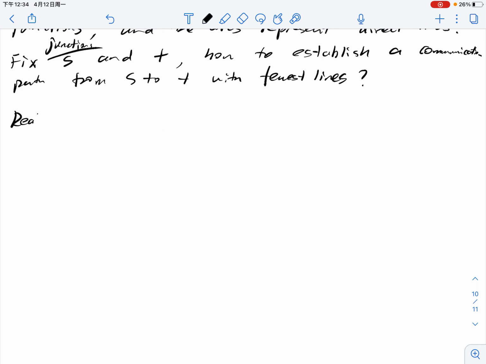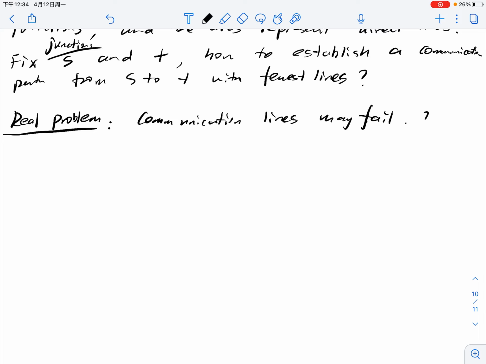And in reality, we will also have the problem that sometimes the connection may fail. Then you need to have some redundancy to make sure the communication still works. Lines may fail. It's important to have redundancy in the digraph.